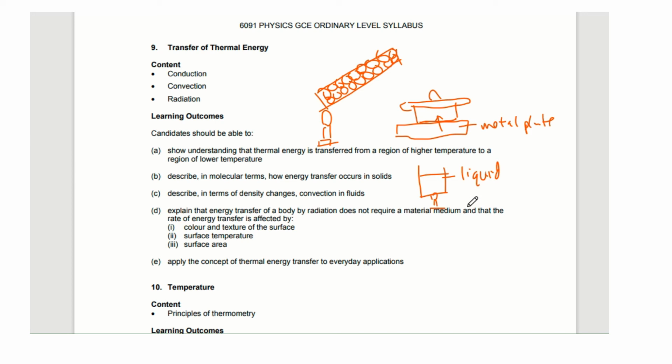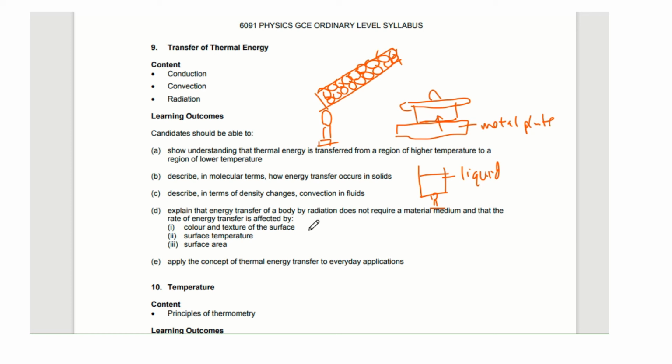So the heat from the sun can reach us on Earth because of radiation. The infrared radiation from the sun reaches us by radiation. When we talk about radiation, we'll look at the color and texture.